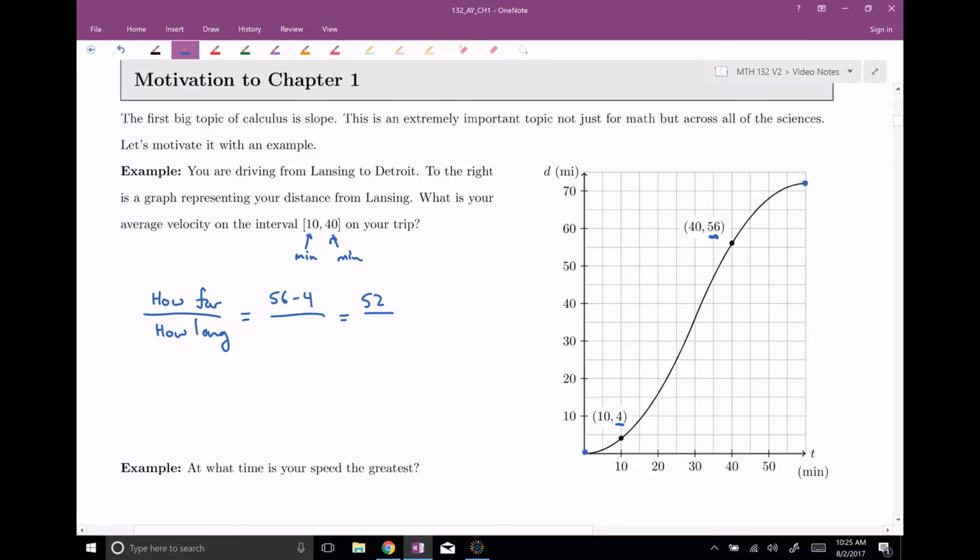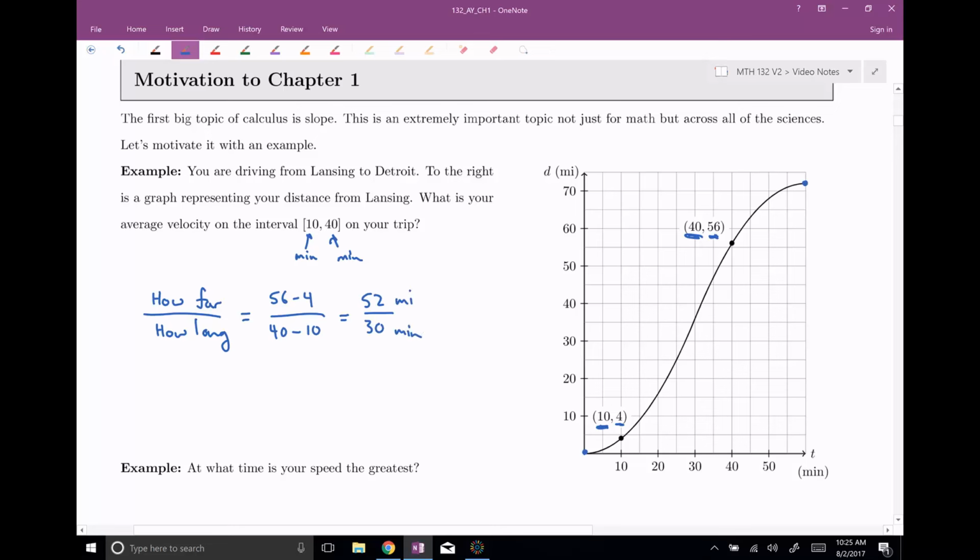Now, how long did it take? We started at 10 minutes and ended at 40 minutes, so 40 minus 10. The difference is 30 minutes.